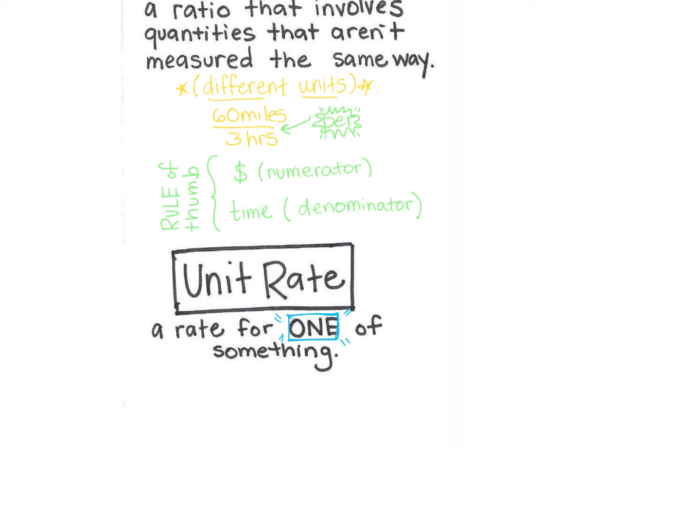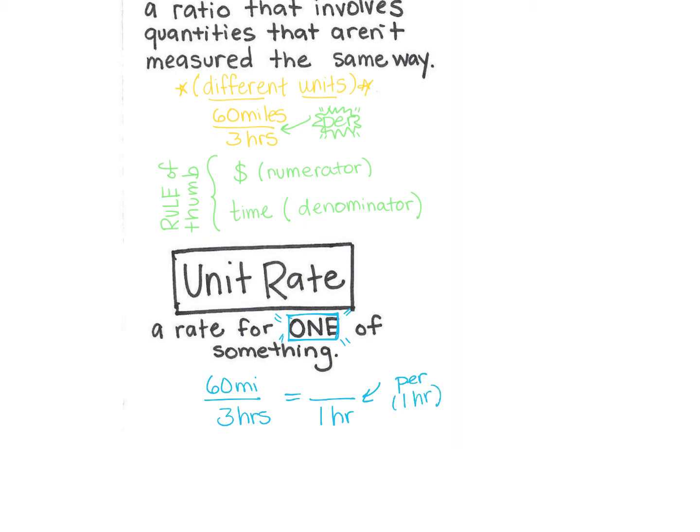I'm going to use the same example that I used above. So if we had 60 miles in 3 hours, I want the unit rate, so I want it to be per 1 hour. And again, I used that word per when we're talking about the rate. So per 1 hour is what I would say here.